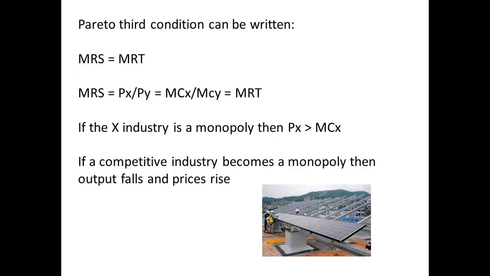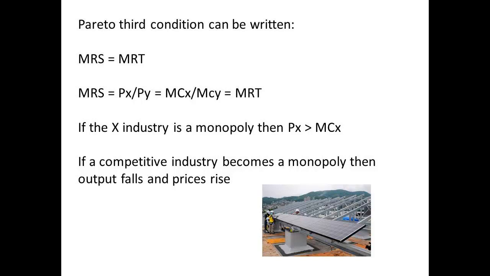We need to pause here and understand why the third condition is not met. The third condition was that marginal rate of substitution be equal to marginal rate of transformation. The marginal rate of substitution, Px divided by Py, is equal to MCx divided by MCy. Now if x and y are perfectly competitive, then Px equals MCx and Py equals MCy.